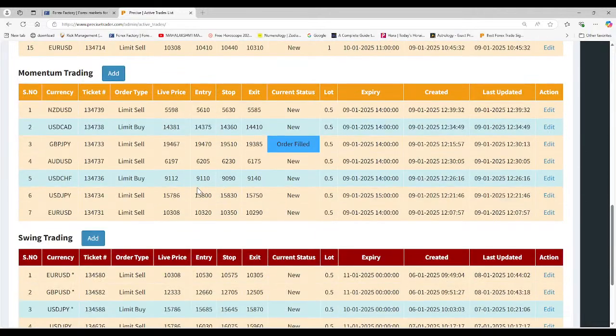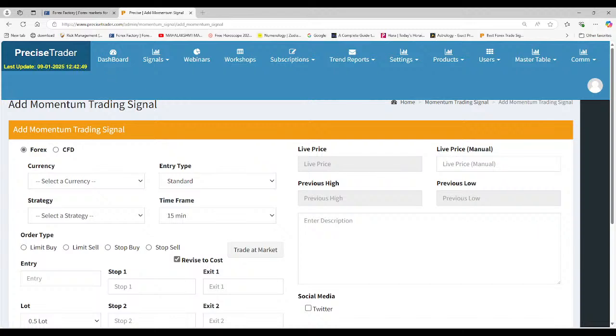Since this market is showing some strength, let me confirm it with the system. Okay, showing some strength. So what we can do is go for a buy at 36.78, and remember this is a very tight stop.